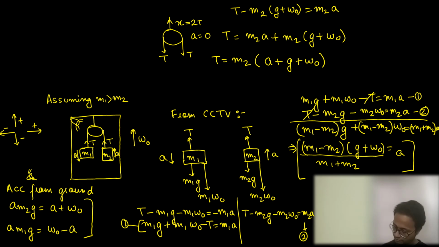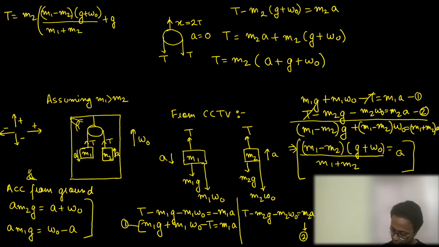Now I'm solving: T is equal to m2 into the value of a, m1 minus m2 by m1 plus m2 into g plus omega naught, plus g plus omega naught.